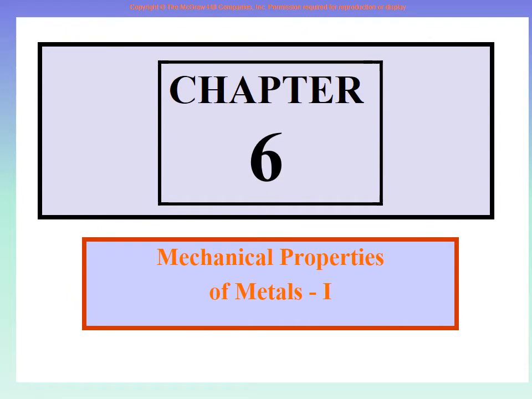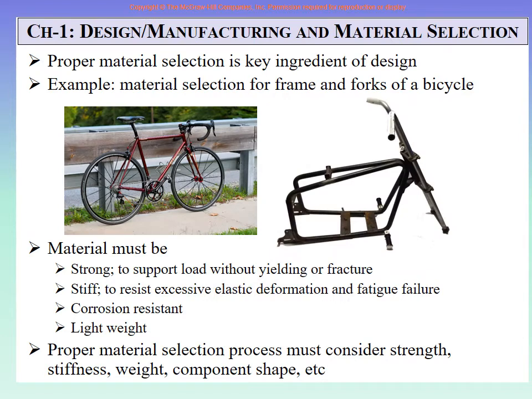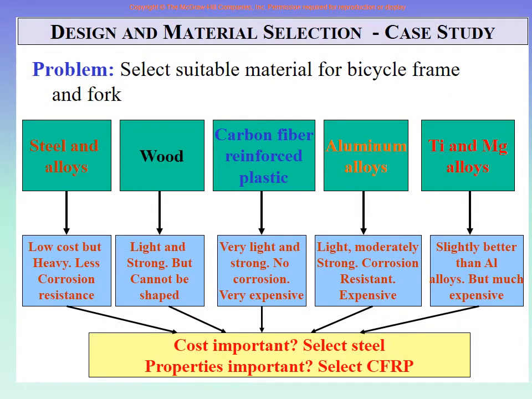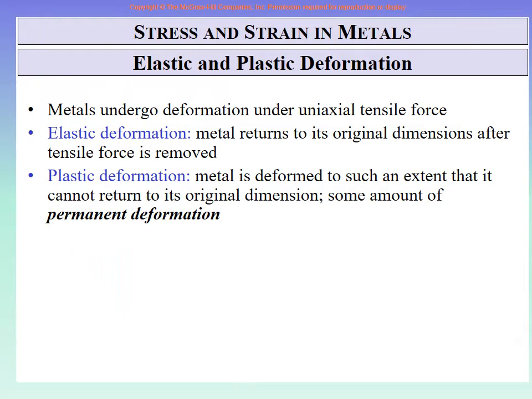The topics that we covered in the first lecture of chapter 6 on mechanical properties of metals: we discussed the design, manufacturing and material selection topic with the help of the bicycle frame, different choices of materials that we can have for that. Then we started stress strain in metals, and we started the discussion with elastic and plastic deformation.